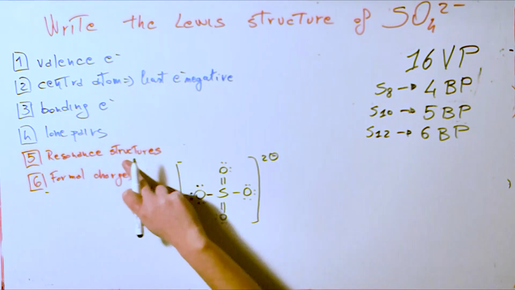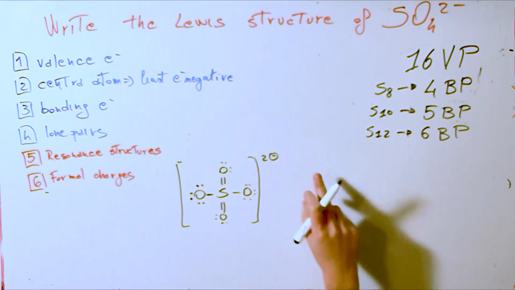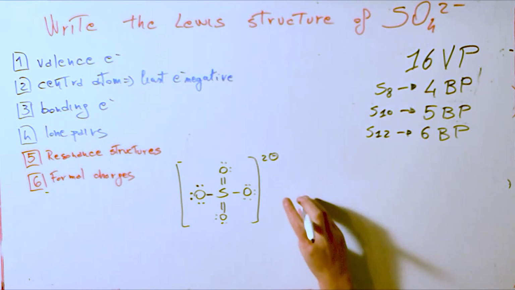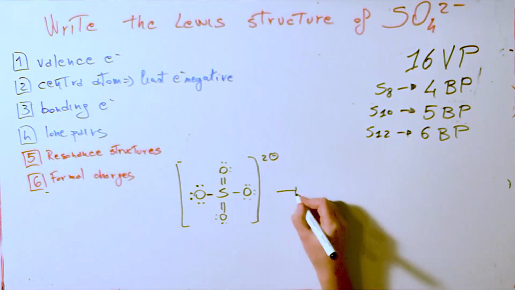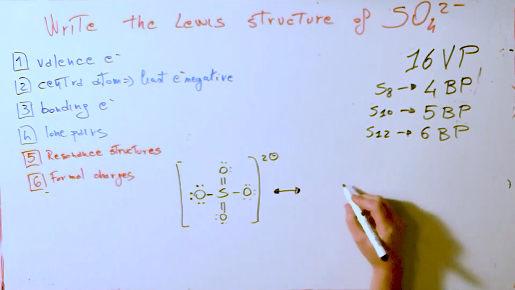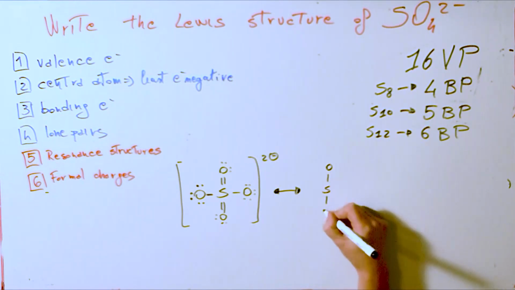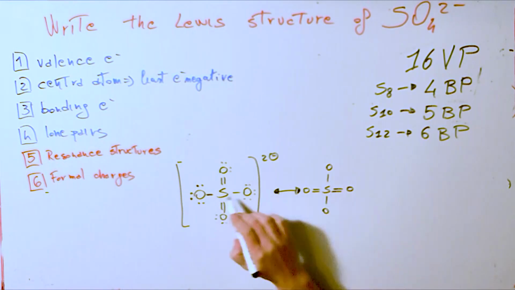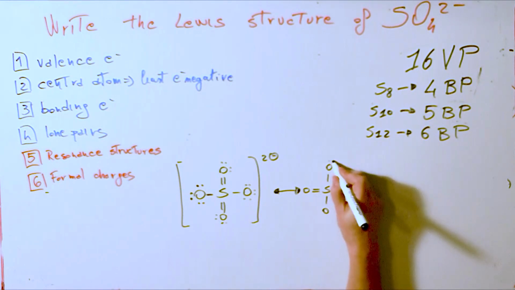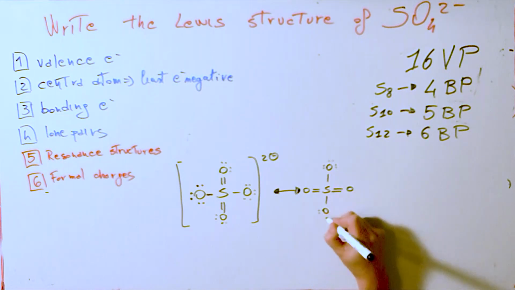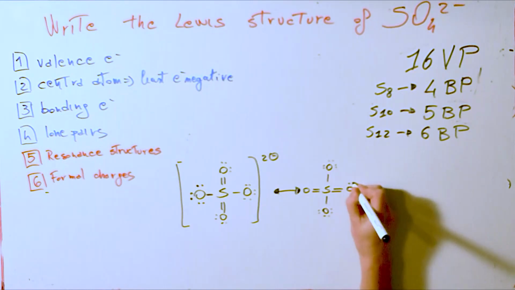So we have the 5 rules we have skipped before. So now let's get back to that. There are possible resonance structures. I told you already that yes, there are, because this structure is actually equivalent to this one, moving this double bond here in horizontal. Of course, put the right lone pairs.